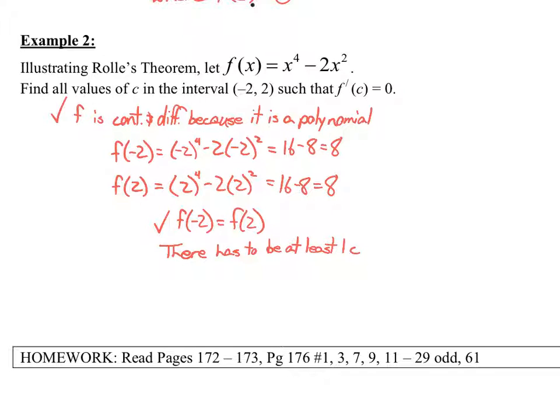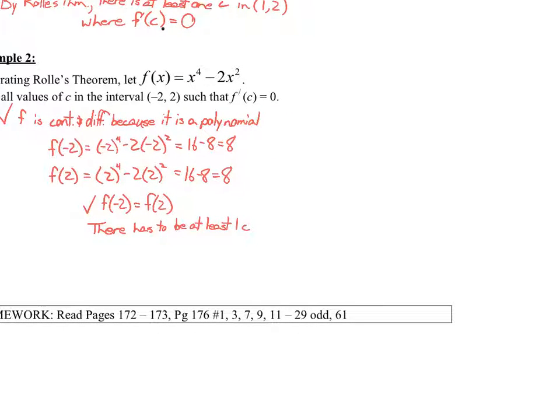F prime, we'll come over here to the side. F prime of x is 4x cubed minus 4x. And I can factor that into 4x times x squared minus 1. So if I'm setting that equal to 0, what does x equal?